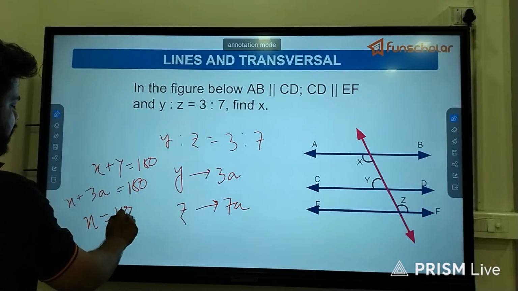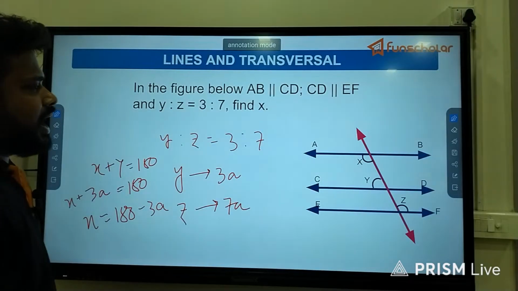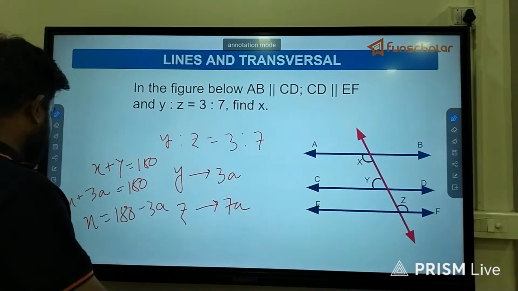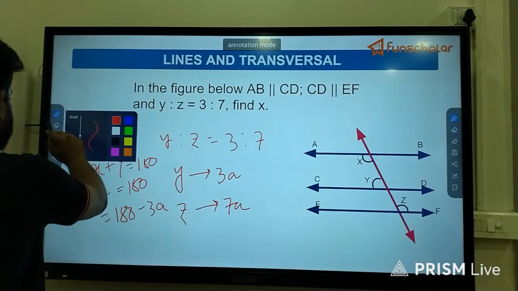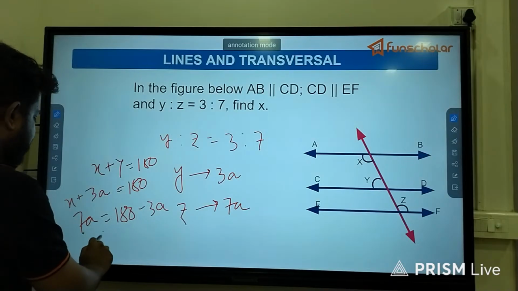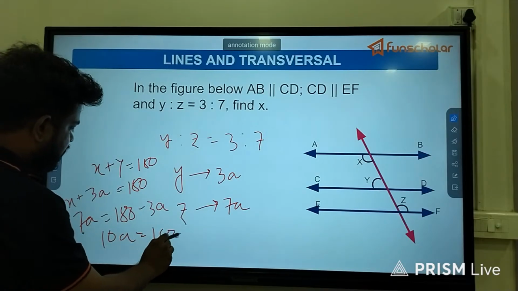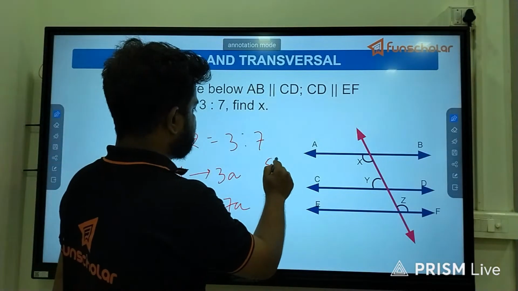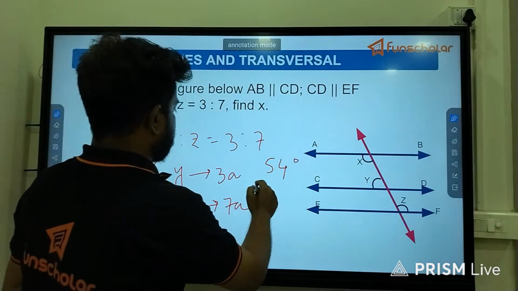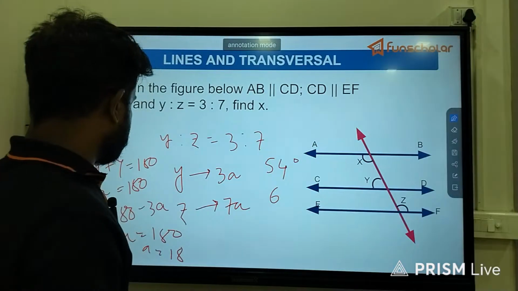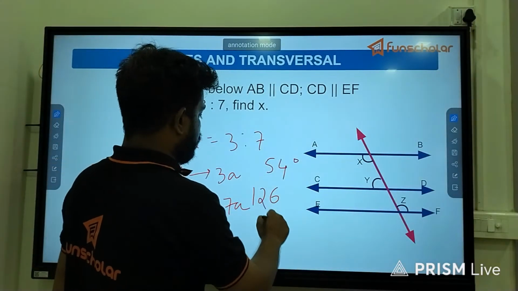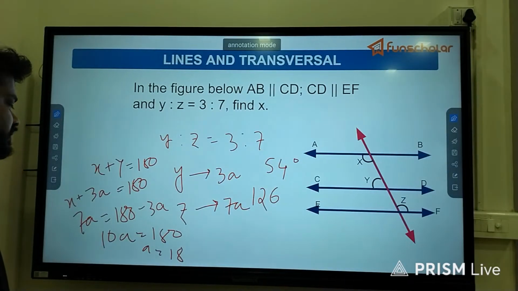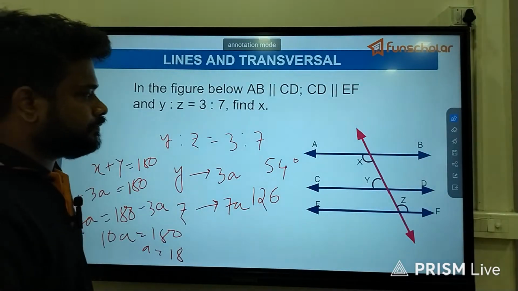So x will be 180 minus 3a, and we already have z, and z will be equal to x, so that means it will be the same as 7a. So 10a equals 180 degrees, so a will be 18. So y is 54 degrees, x is 126 degrees, and the value of x will be 126 degrees.